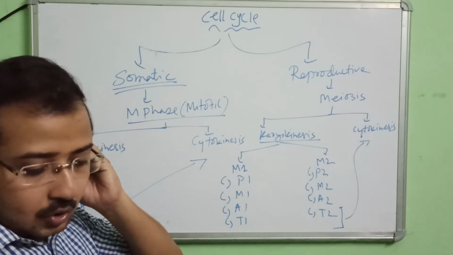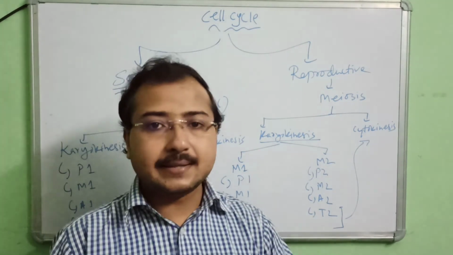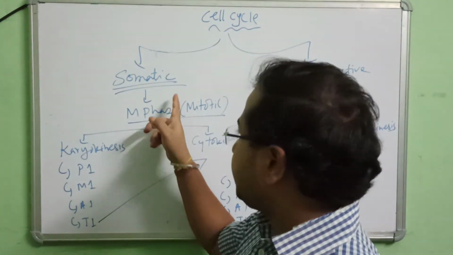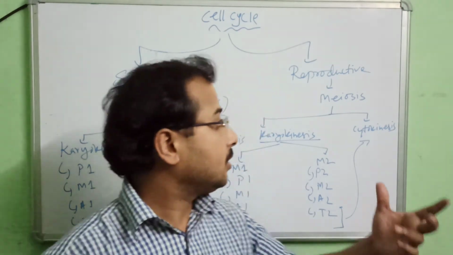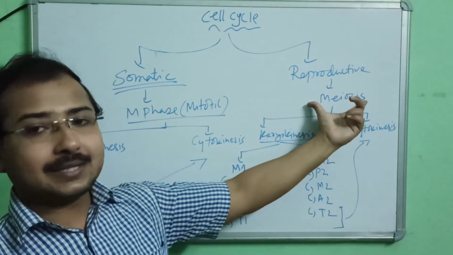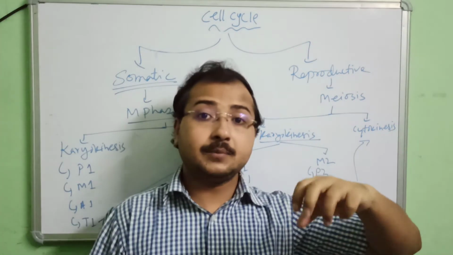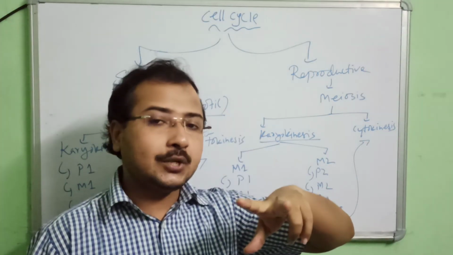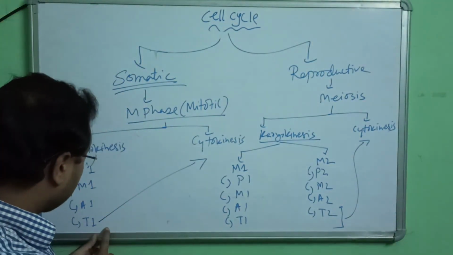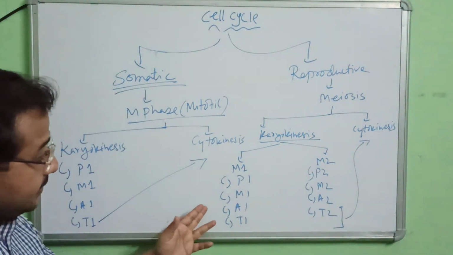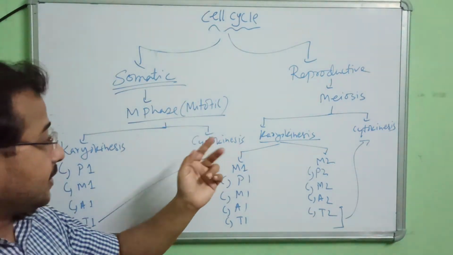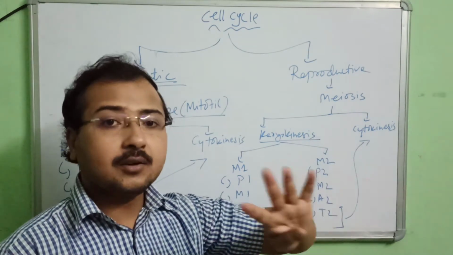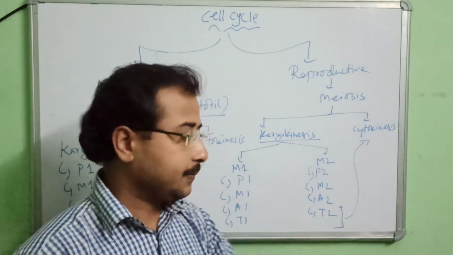Clear? So let me first tell you the basic differences between mitosis and meiosis. Mitosis takes place in the somatic cells, the normal cells of our body, and meiosis takes place in the reproductive cells present in our reproductive system. In mitosis, one cell divides into two new daughter cells. At the end of telophase and cytokinesis of the mitotic phase, we see two new daughter cells produced. In meiosis, 4 daughter cells are produced.